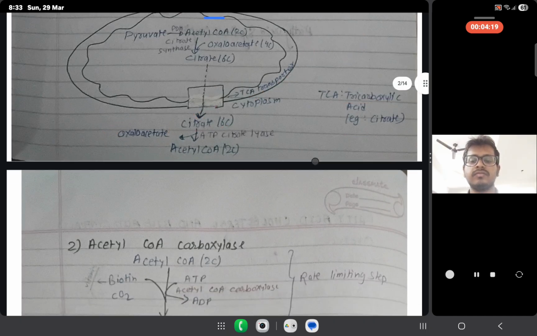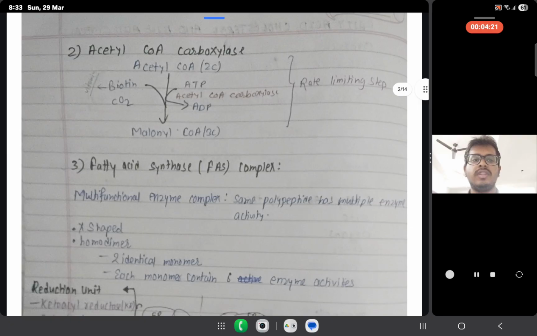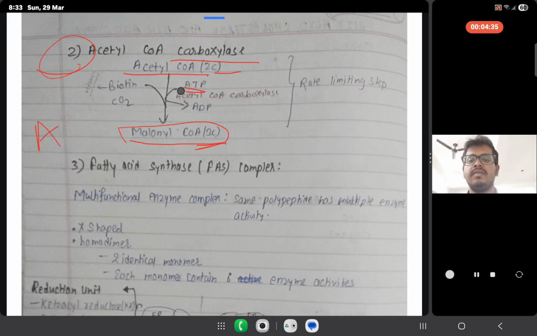Now the second step is acetyl coenzyme A carboxylase. Acetyl coenzyme A, that is 2 carbon, is converted to malonyl coenzyme A, that is 3 carbon, in presence of ATP, biotin and CO2.